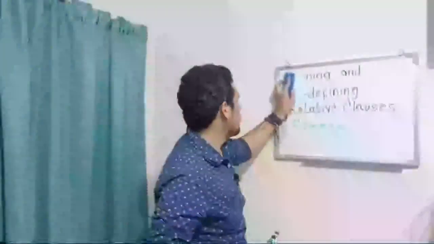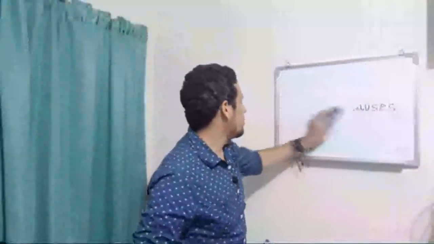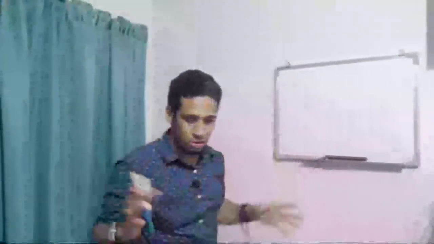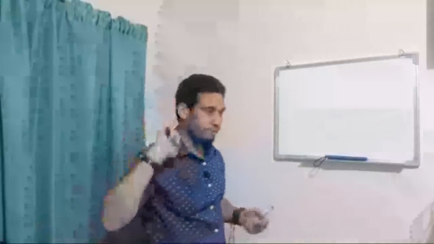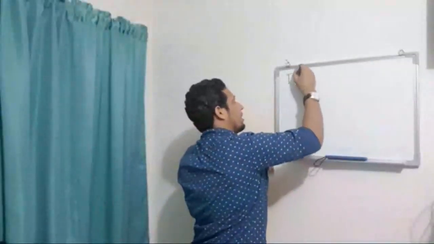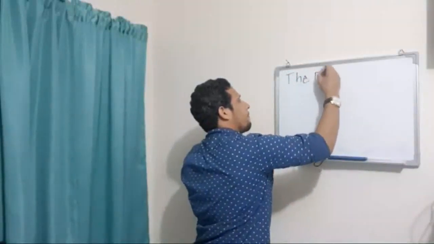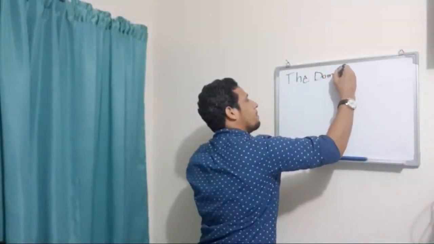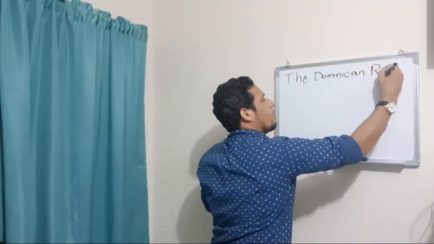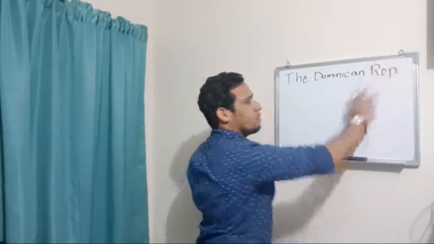So I'm going to erase this, and I wrote a couple of examples. Como ustedes saben, no me da tiempo de sentarme a pensar, so I'm going to use some examples I wrote. And the one we're going to write, of course, as we are from the Dominican Republic, so we're going to use the Dominican Republic. The Dominican Republic, you understand that, right?